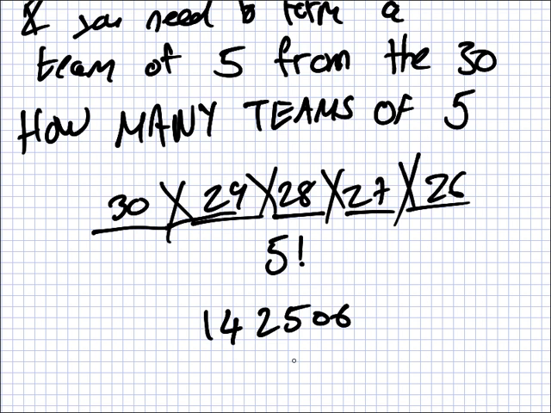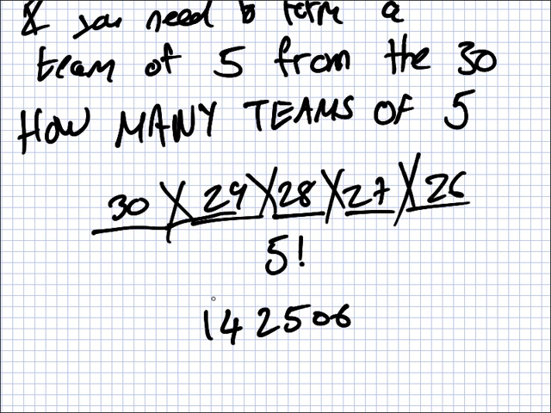One four two five oh six, yeah? How did I get that? I typed this in. 30 times 29 times 28 times 27 times 26, all over 5 factorial. Yeah? Oh yeah, don't worry, I'm getting to that.